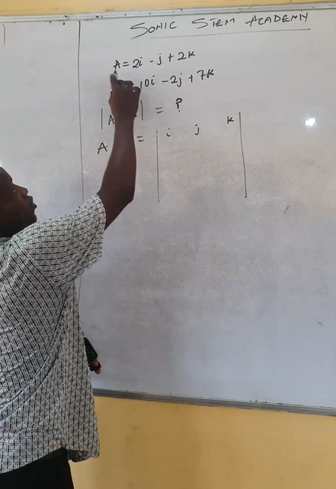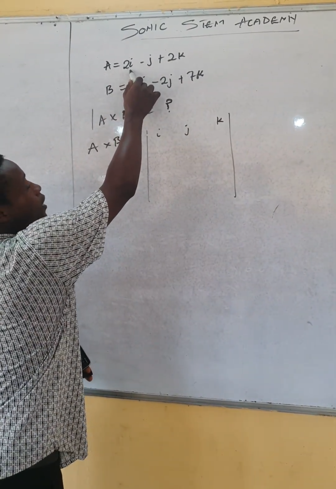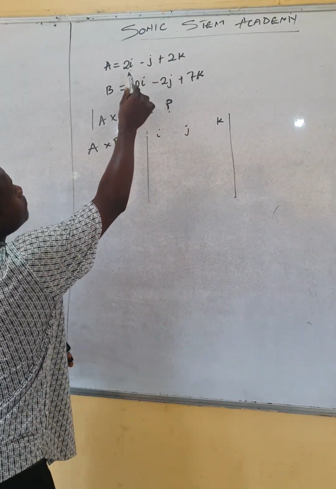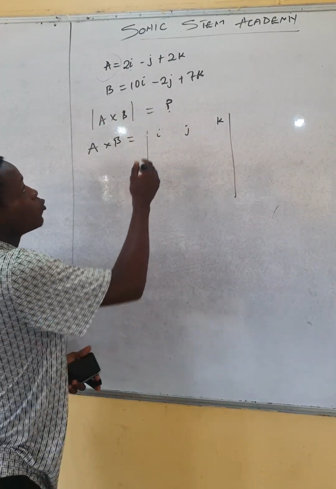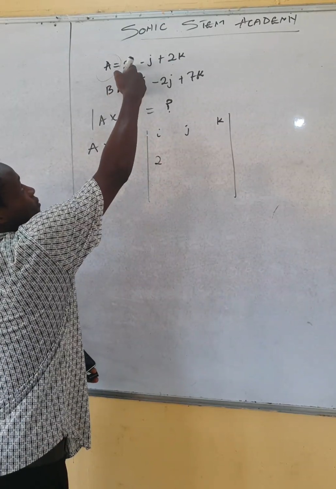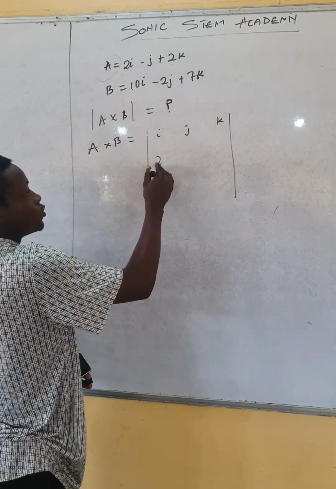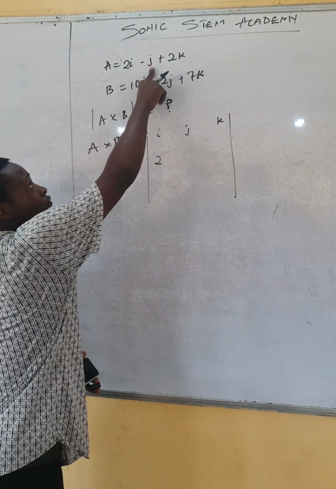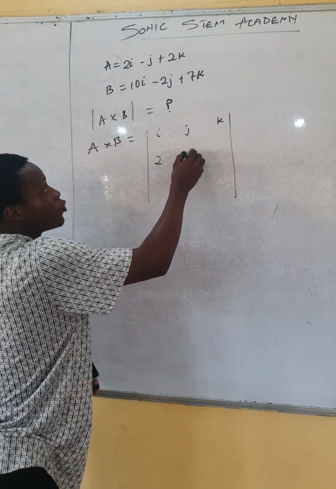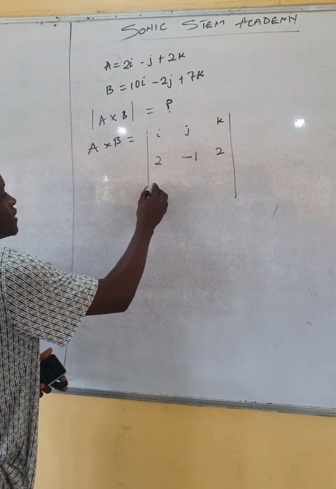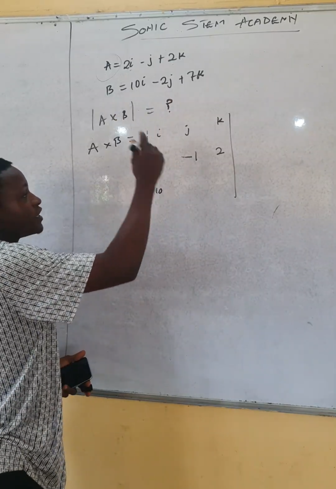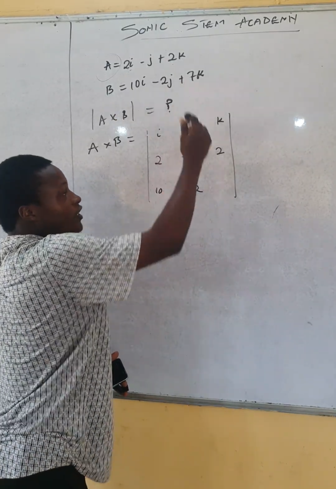Then the next thing is the coefficients of I, J, and K for vector A, particularly. The coefficient of I here is plus 2, which I've written here. The coefficient of J is what? Minus 1, and the coefficient of K is 2. Then lastly, for vector B, the coefficient of I is 10, the coefficient of J is minus 2, and the coefficient of K is 7.